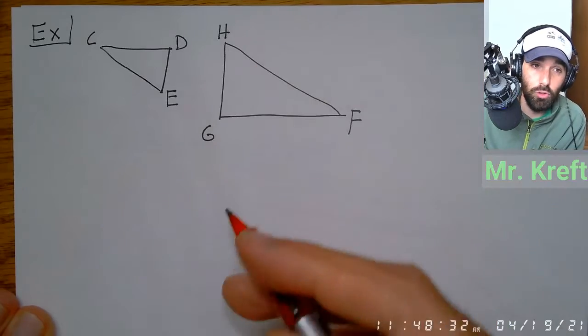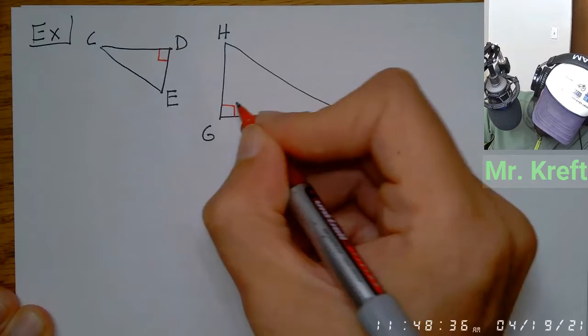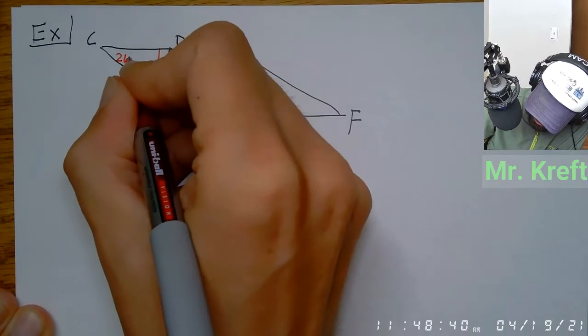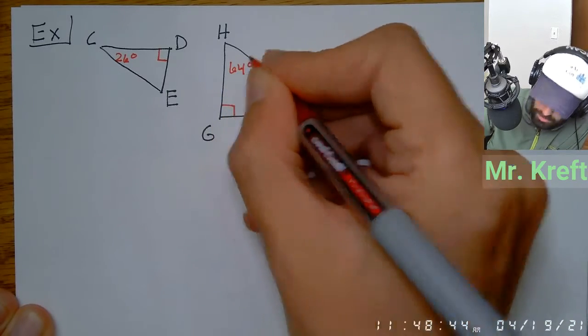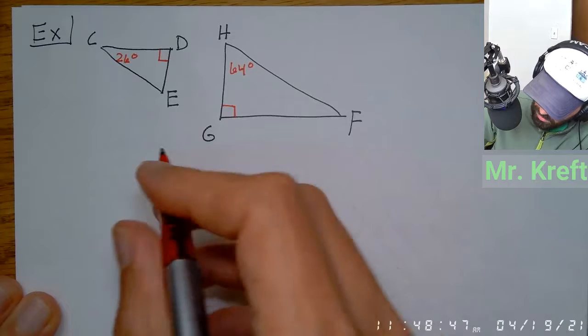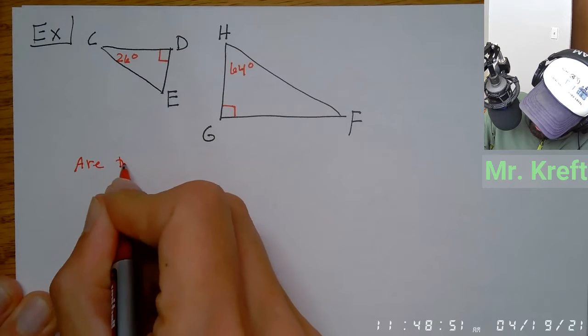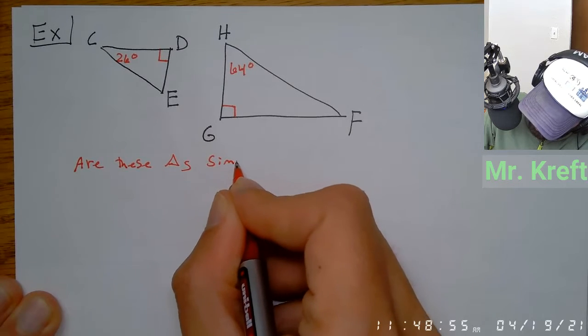Okay, so what I'm going to do now, we have these two triangles, and I'm going to add in some angle information. Okay, so we have this, and then we have this and this. Okay, so my question is, are these triangles similar?